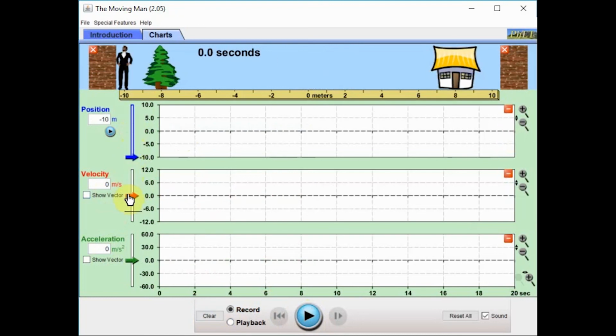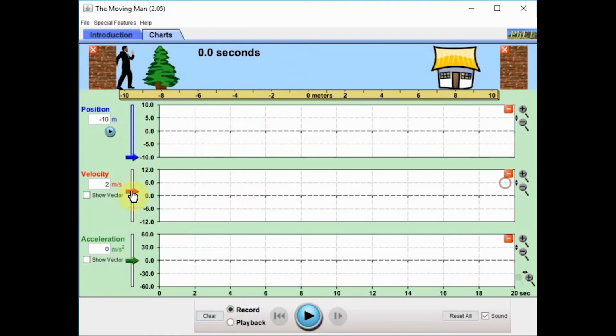Now if I start back at -10, but I do a positive velocity, as we go for a little bit, I see now that my position is a line with a positive slope, a slope of exactly 2. My velocity, though, is now a horizontal line sitting at 2 meters per second, and my acceleration is still 0.